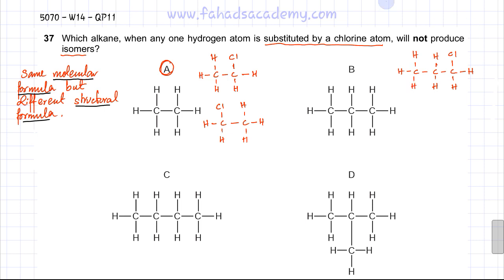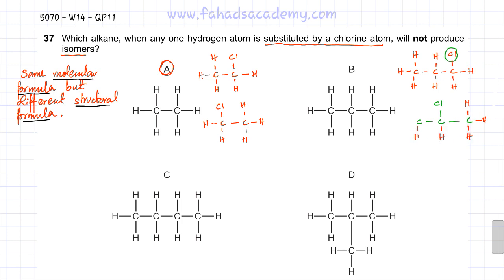Now I can make an isomer by rearranging the structure. This Cl is right now attached to the carbon atom at the end. What I can do is attach it to the carbon atom in the middle, and the rest of the bonds are all hydrogen atoms.